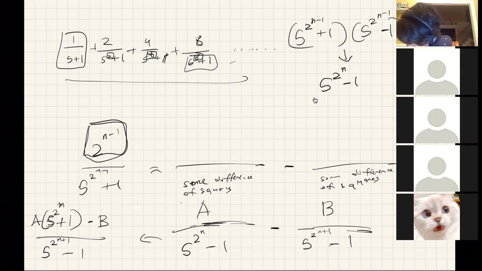And our ultimate goal is to be able to write this as 2n minus 1 over 5 to the power of 2n plus 1.